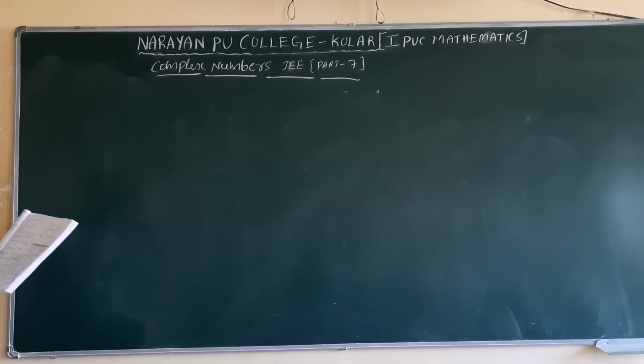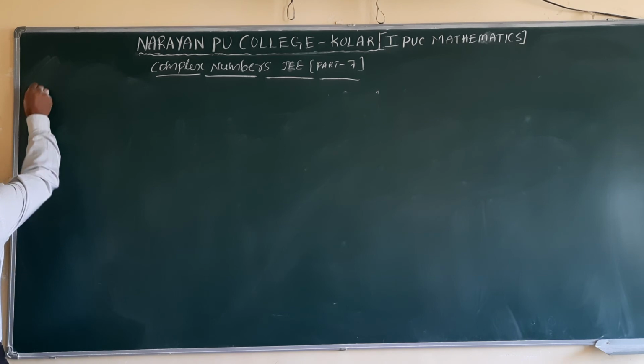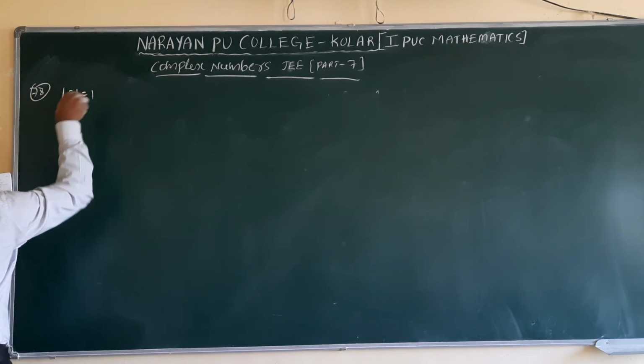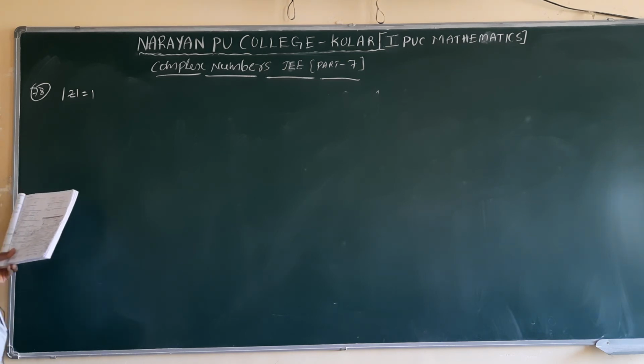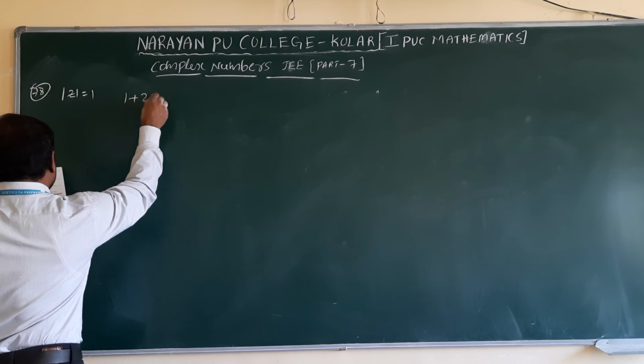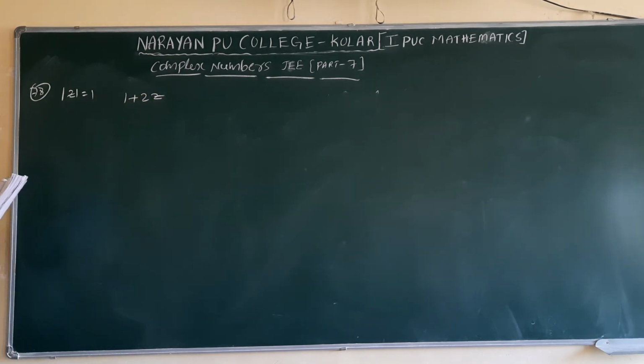Next question, question number 78. When the modulus of z is equal to 1, the point 1 + 2z lies on?